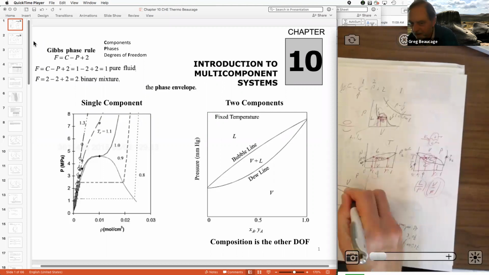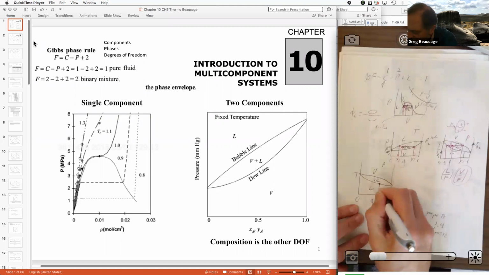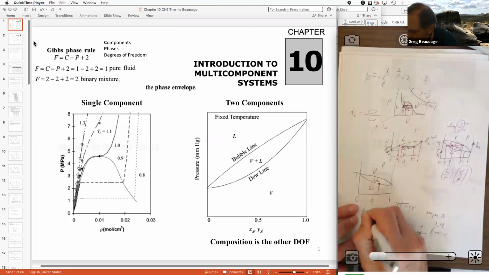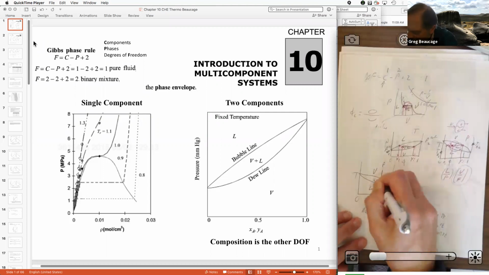This is VL in the middle. Right, so the first point where the vapor starts to form from the liquid is called a bubble point. And then if you start in the vapor and you cool down, the first point where the liquid starts to form is called the dew point.